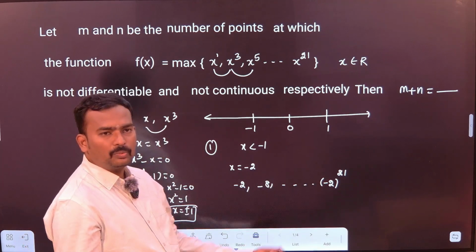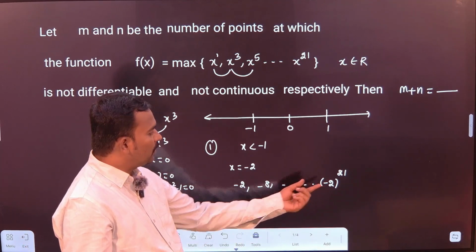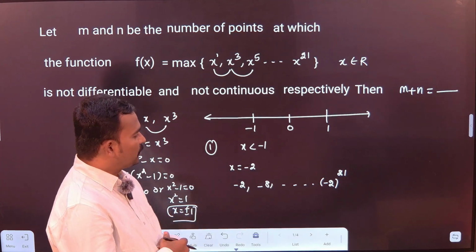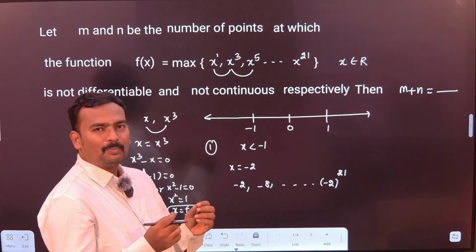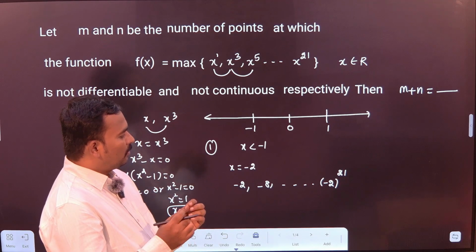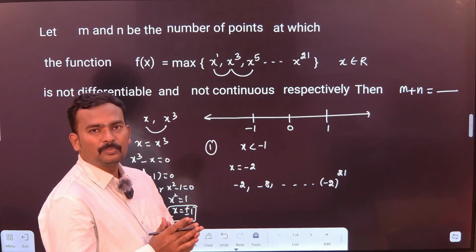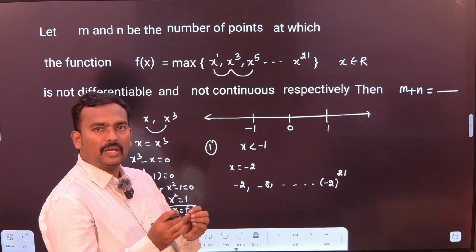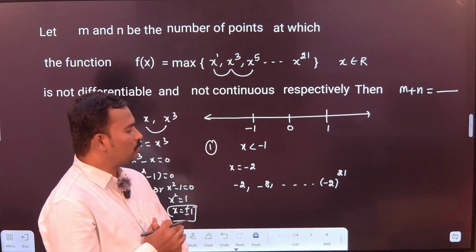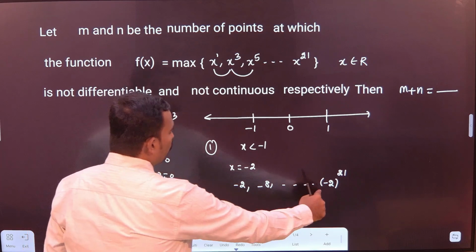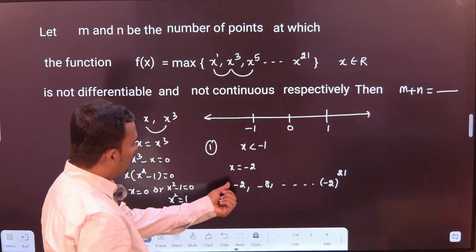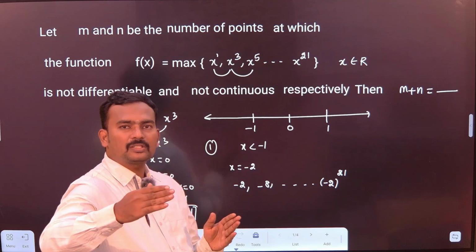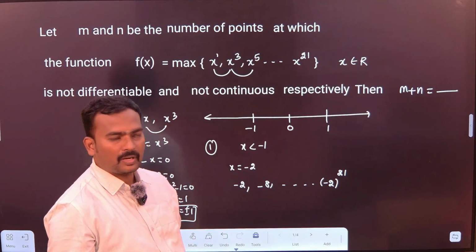Minus 2 is less than minus 1. So among these, which is the maximum here? Minus 2 or minus 8? When the negative number is larger and larger in magnitude, the value is smaller.